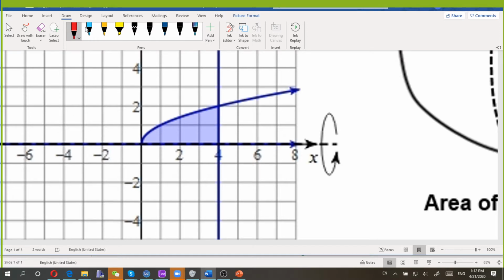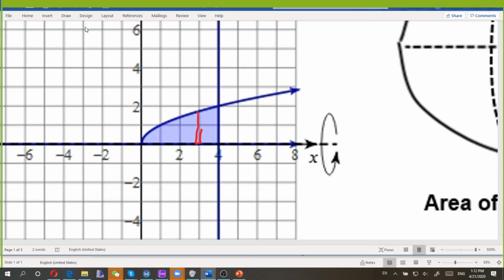Our radius is my distance from the axis of rotation to our outermost function, which in this case is our y value minus 0, since I'm spinning around y equals 0.